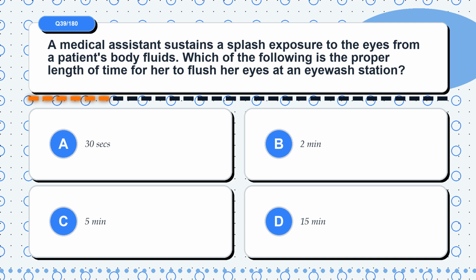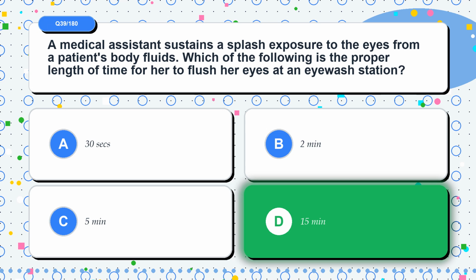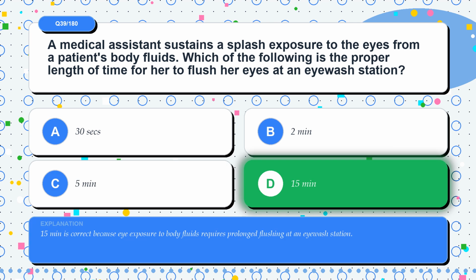Option C, 5 min. Option D, 15 min. The correct answer is option D, 15 min. 15 min is correct because eye exposure to body fluids requires prolonged flushing at an eye wash station.